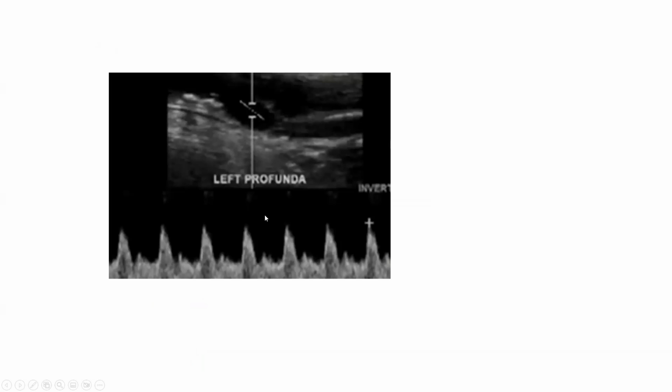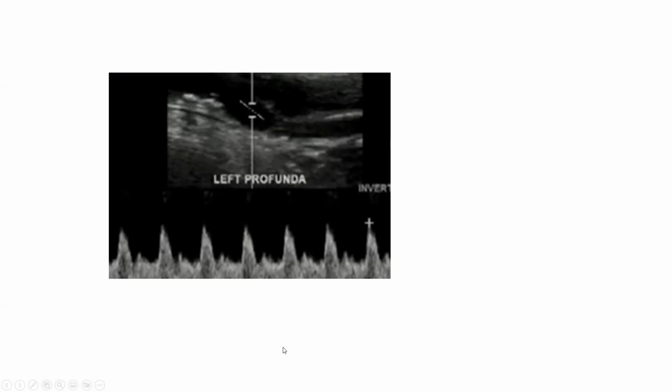Now, here is how AV fistula looks on ultrasound. Again, at the site of aliasing, you will see one-way flow, not to and fro. There is no reversal flow. It's one way, systole and diastole. And actually, even if you put your spectral Doppler in the artery itself, it's no longer triphasic.